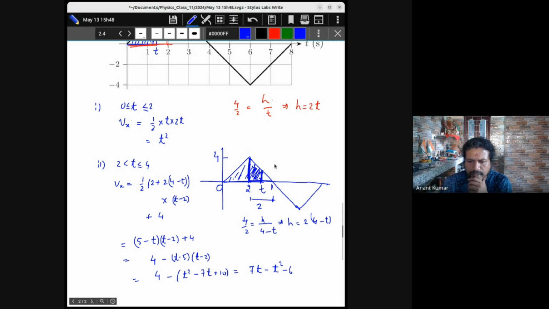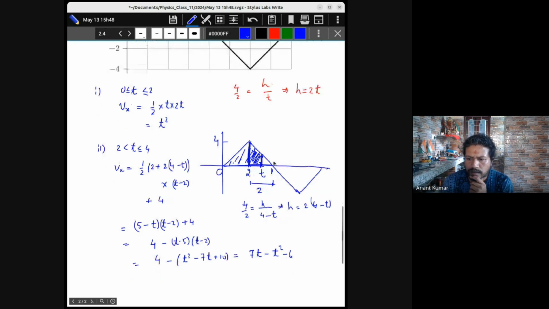What is the mistake? Check and find the mistake in this case. 2 is gone. 1 plus 4 minus t is 5 minus t, into t minus 2, plus 4. So t square minus 7t plus 10. It's still the same. So I get 7t minus t square and minus 10 plus 4 is minus 6. So it seems to be okay. At t equal to 2 we are getting the correct result: 14 minus 10 is 4. But I want t equal to 4.